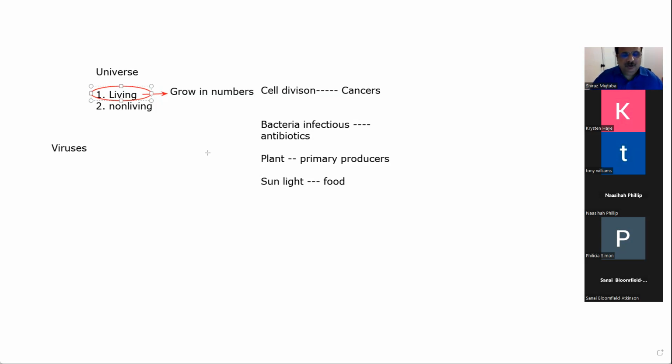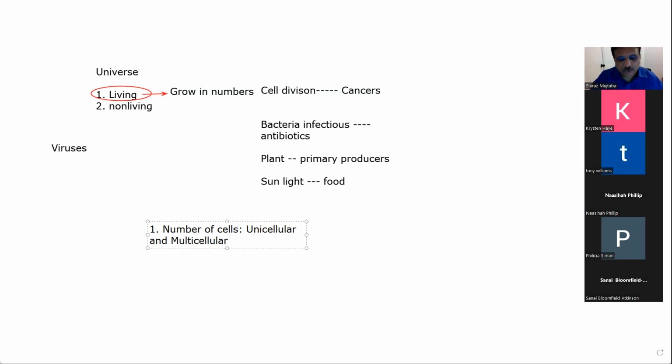So there are various ways in which scientists have tried to classify these living organisms, right? One way could be by the number of cells. And these could be unicellular and multicellular organisms.